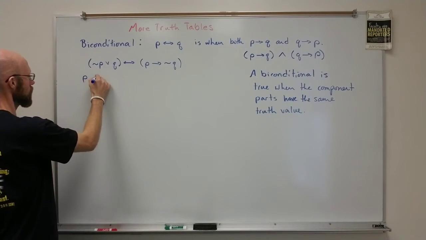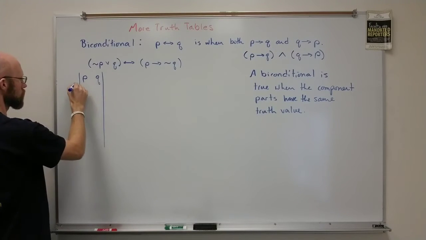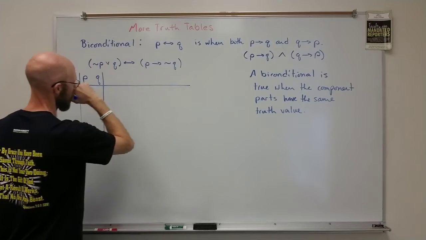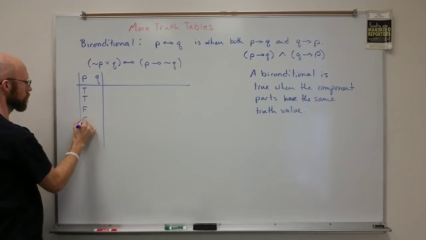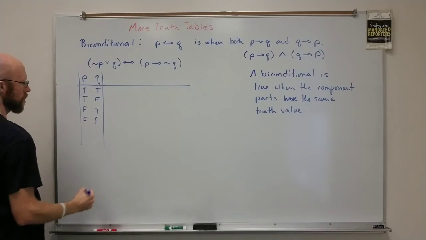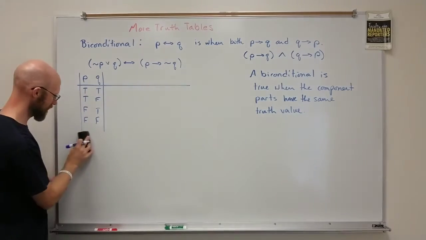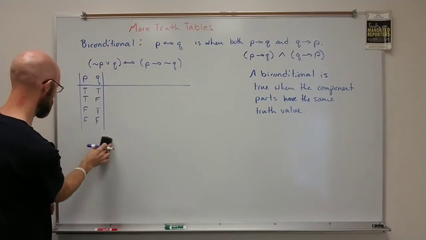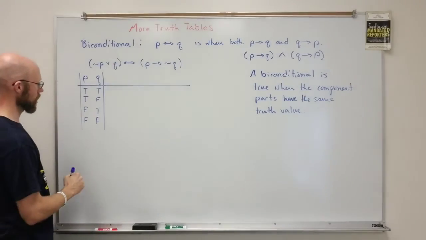So I've got P, I've got Q. Let's start this off. P is true, true, false, false. Q is true, false, true, false. You'll probably get sick of writing those two columns because there's a lot of these coming up in the homework for these few sections that we're looking at.